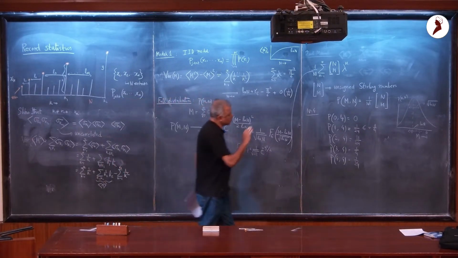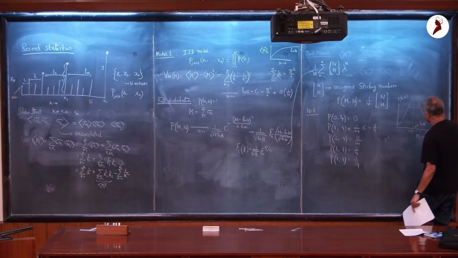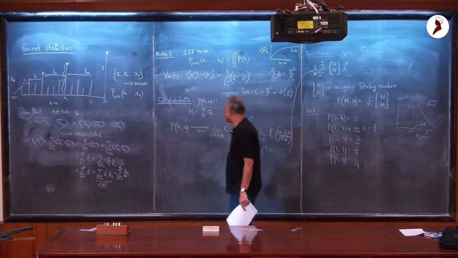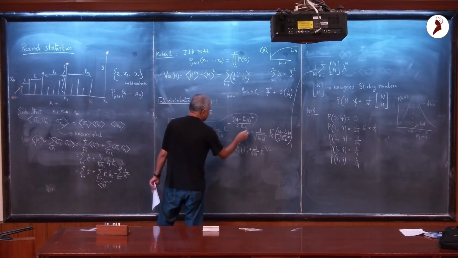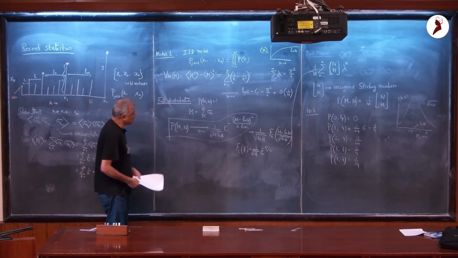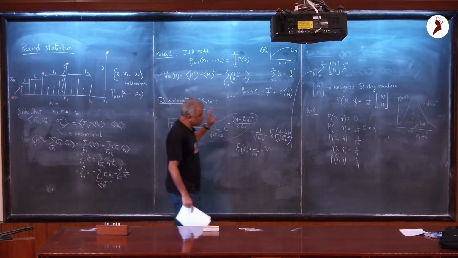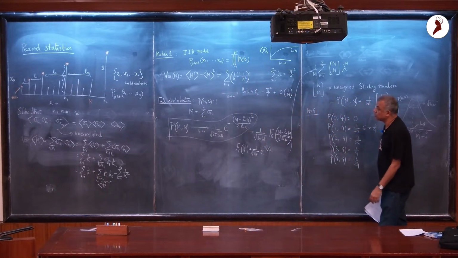So that means for large n, essentially, this will converge into a Gaussian distribution with this mean and with this standard deviation. So for IID variables, the main thing is that the full distribution of the record number is totally universal, independent of the underlying distribution P of x.